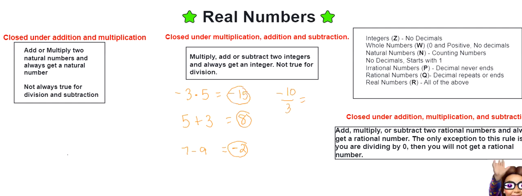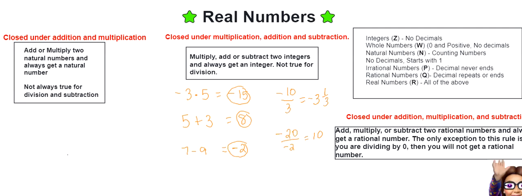Negative 10 divided by 3 is negative 3 1/3, or negative 3.3 repeating. That's not an integer. That's why it's not closed under division. Could it be? Sure. Negative 20 divided by negative 2 is 10. Negative 20, negative 2, and 10 are all integers. But to be closed, it has to work every time.